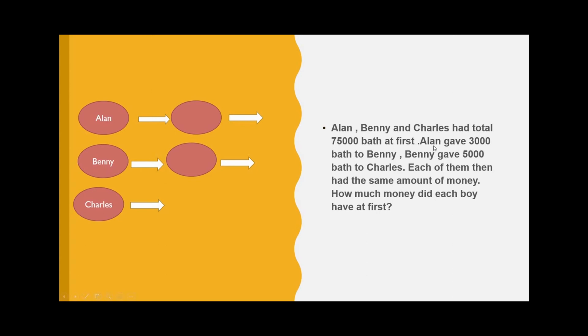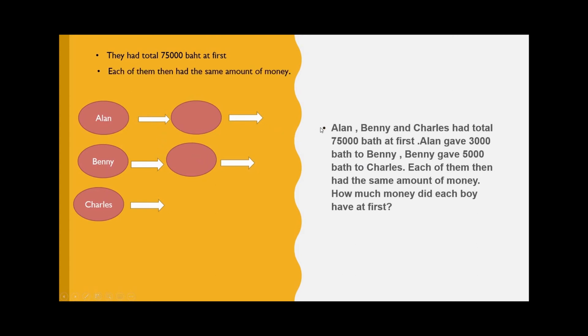So now we know three people had total 75,000 baht altogether. Then Alan gave 3,000 baht to Benny. So Alan gave 3,000 baht from his money to Benny. Then Benny gave 5,000 baht to Charles.